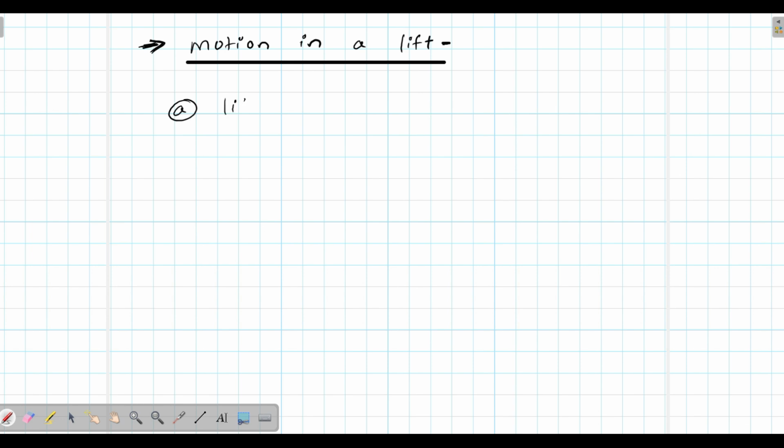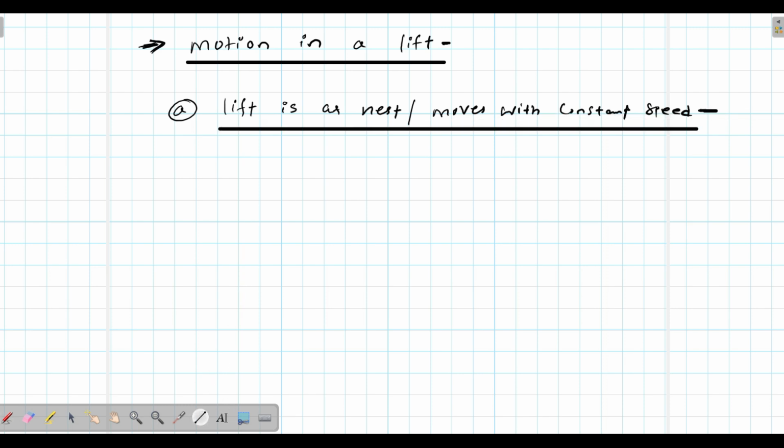First point, lift is at rest or moves with constant speed.